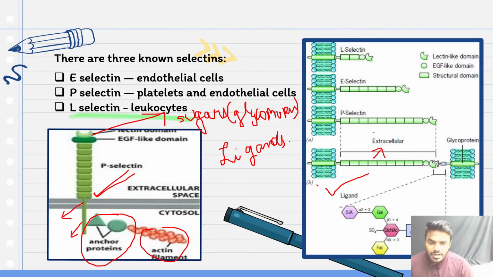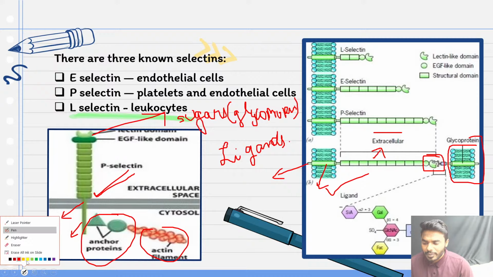A long extracellular domain, very long, followed by a small transmembrane domain and a very small cytosolic domain. You can observe it very clearly. And what is one more important point you have to understand? Look into the picture carefully. This is the extracellular domain, right? It is associating with what, friends? The glycoprotein. So the glycoproteins are acting as what? Ligands.